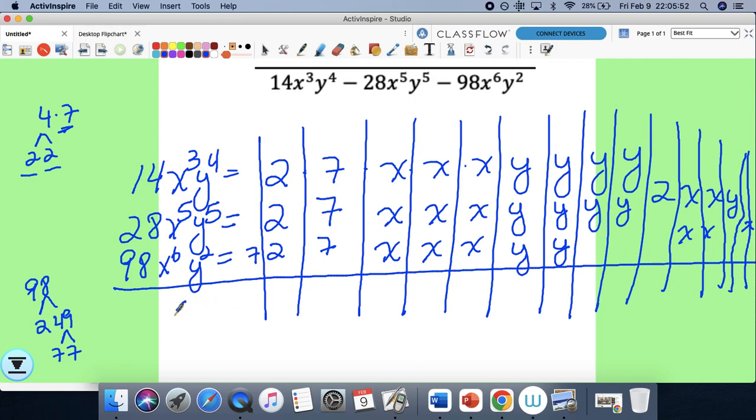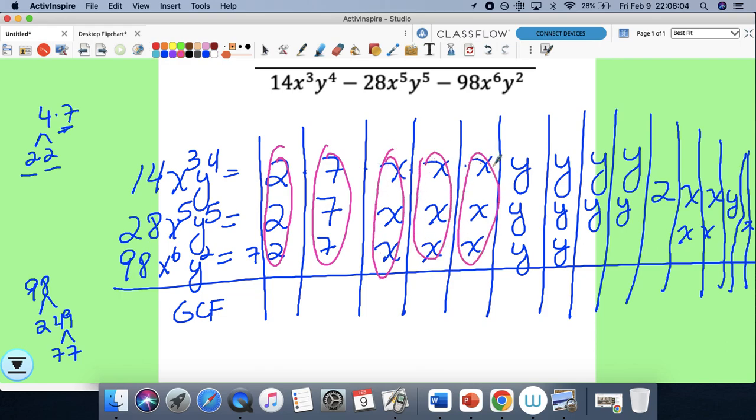So the GCF, hopefully I'm correct, is anything that appears in all 3 numbers. Well, these 3 2's show up. There are 3 7's, there's 3 x's, this and this. There are only 2 y's, and these don't have anything in common. So what's in common is 1 2, 1 7, 1 x, another x, and 2 y's.